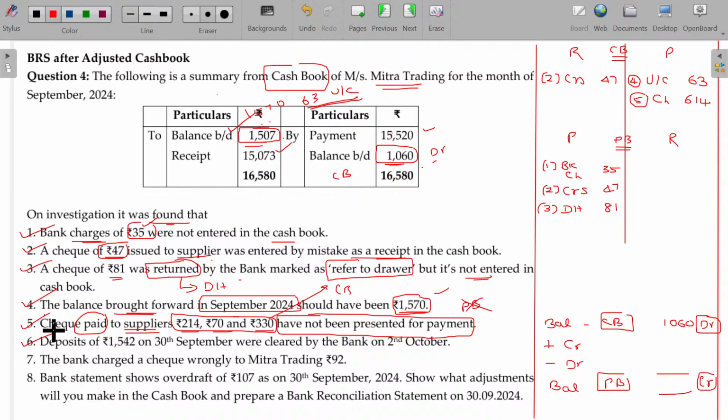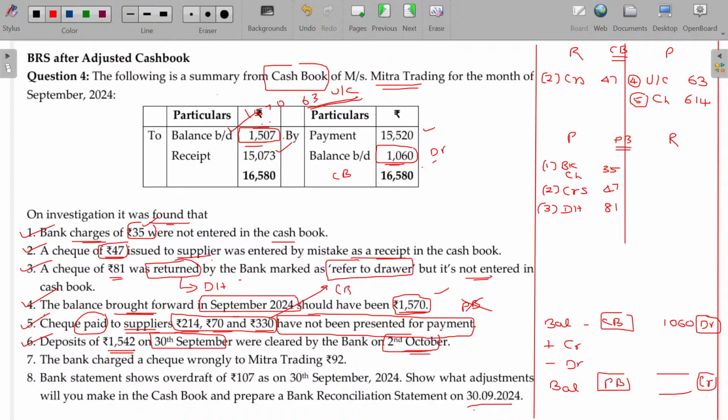Sixth one, deposits of 1542 on 30th September were cleared by bank on this date. What does it mean? We have deposited in our bank. So as per the deposit information, it's a receipt. I may post that in the receipt side of the cash book. But when did the banker record? 2nd October.